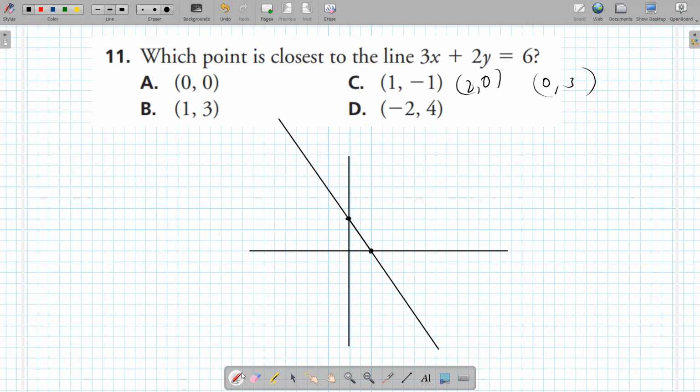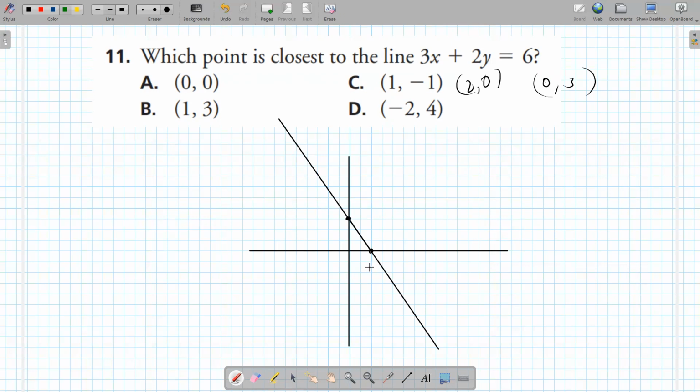Closest means you're trying to find the displacement. You have distance and you have displacement. Distance is the total distance traveled, whereas displacement is the shortest distance. And anything short has to do with being perpendicular.